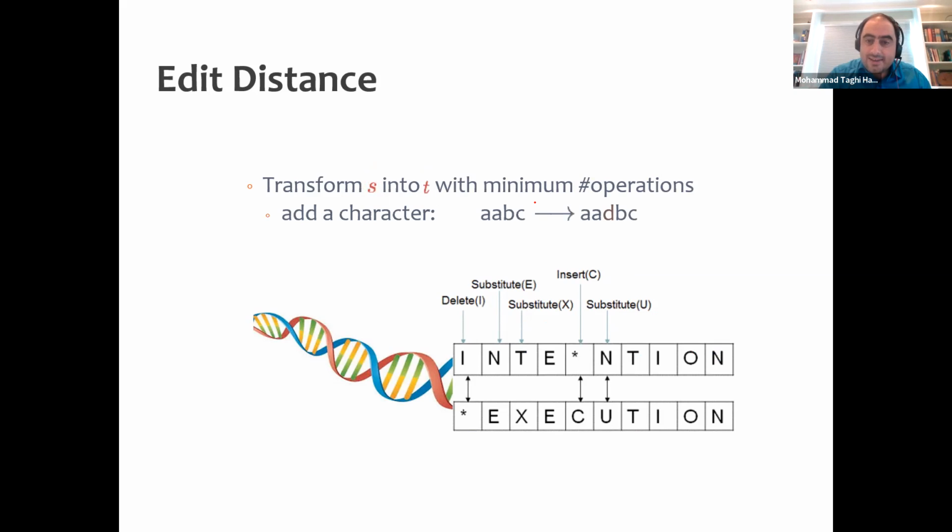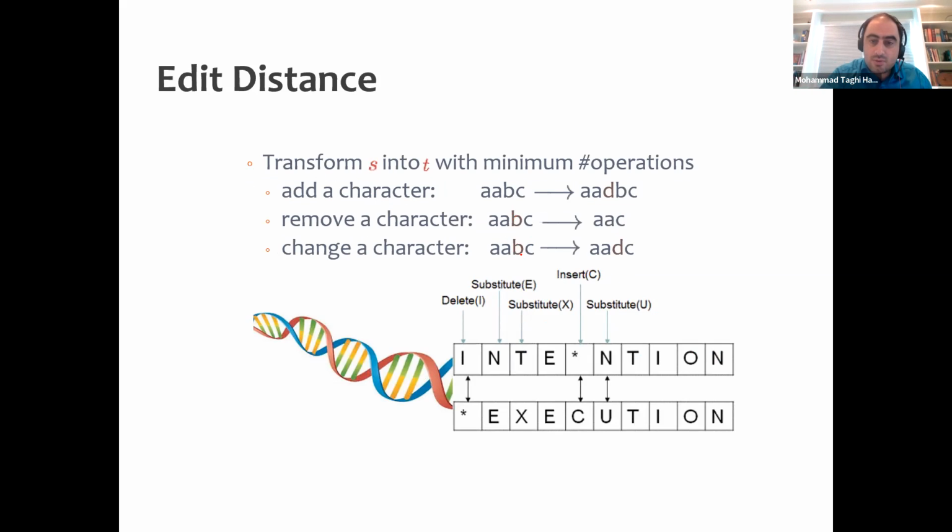You can add a character, so for example, here character D can be added. You can delete a character, or you can substitute, so for example, here instead of B, you can do D. Say the cost of each of them would be 1. Generally, it can be weighted, it can be more than 1.